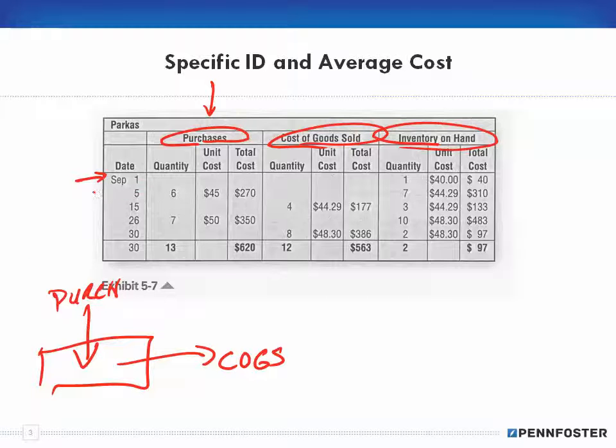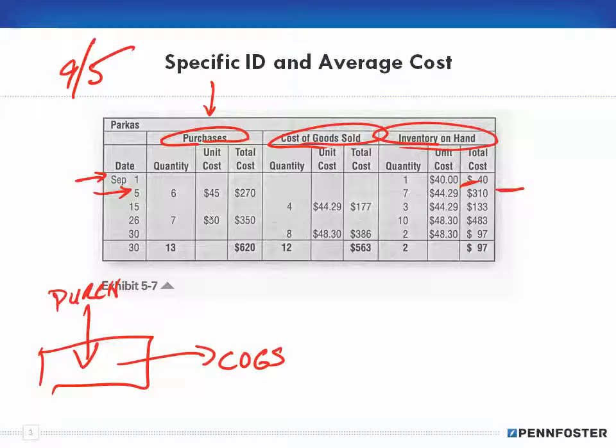Well, now today is September 5th, all right? And as far as I'm concerned, those items in that box, each one, has a cost of $44.29. We don't know what's going to happen for the rest of the month, all right? Because today is September 5th, right? But we know that that's the amount, and that's per item.